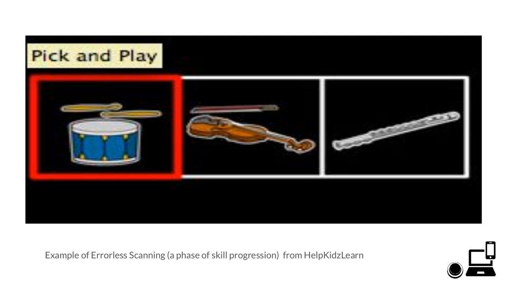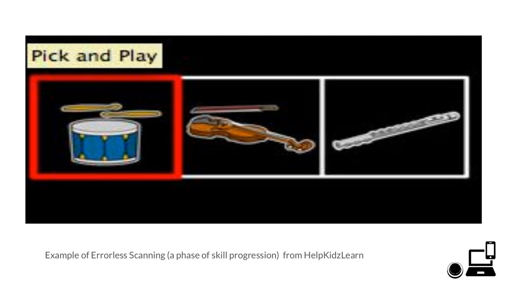Here is an example of an app from Help Kids Learn. I'm not sure which this one is specifically, but this would be an example of that errorless scanning where the prompt here is to choose an instrument, and then no matter what they pick, that instrument will animate and play music.